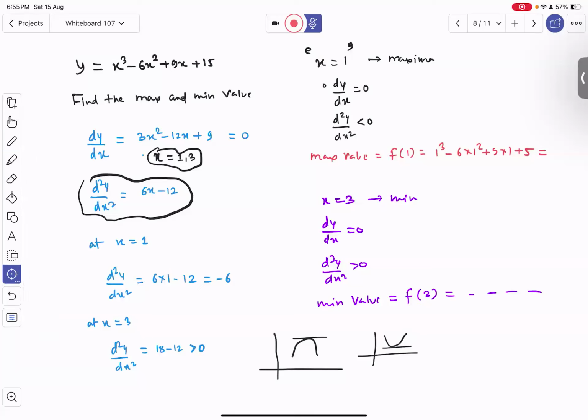So at x equals 1, what is the double differentiation? Negative. And along with that, the differentiation at x equals 1 is 0. That is the condition for maxima. Means at x equals 1, the function attains a maximum value. So how to find the maximum value?